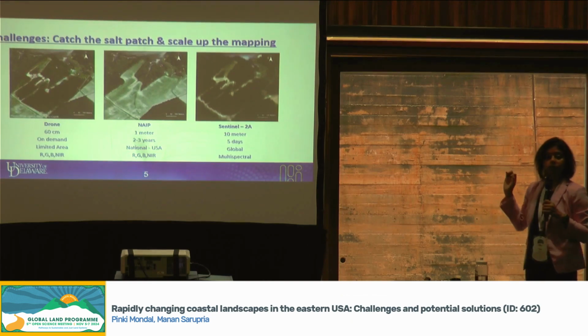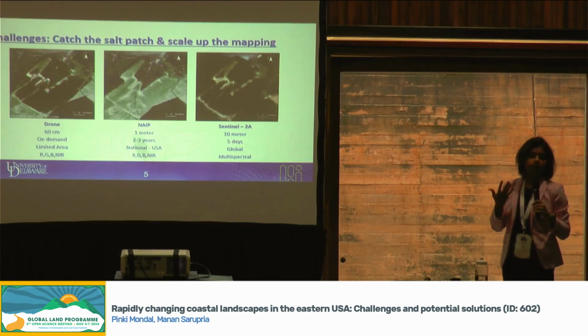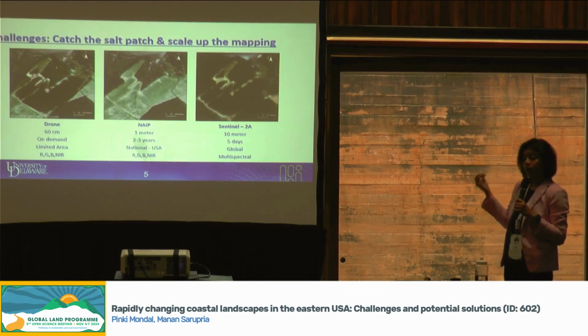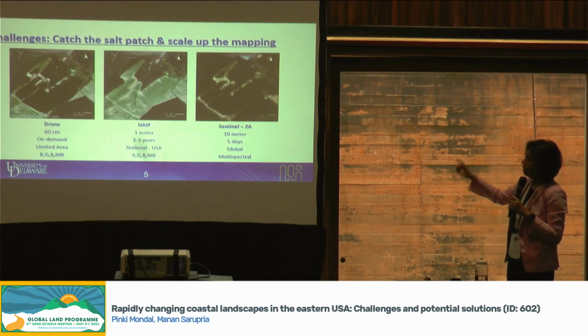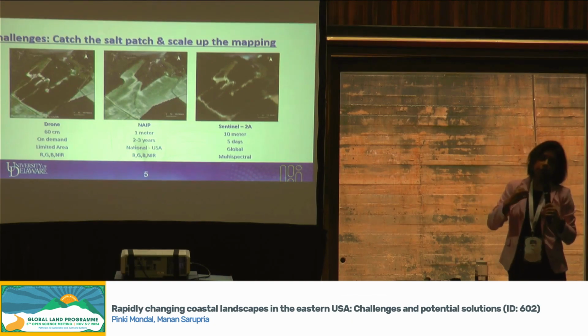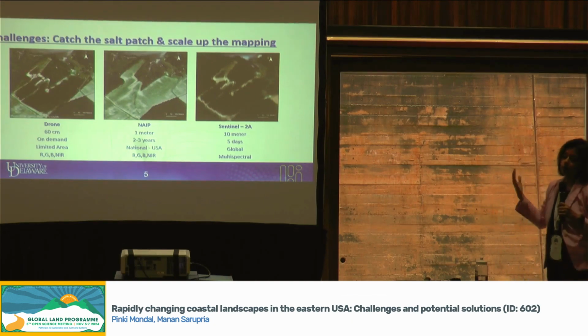So initially we started with drone data, but obviously, you cannot fly drone everywhere. You need permits. So with the farm owner's permission, we collected some drone data. Then I used that to train data from my NAIP, which is National Aerial Imagery Program. It's a program run by United States Department of Agriculture.